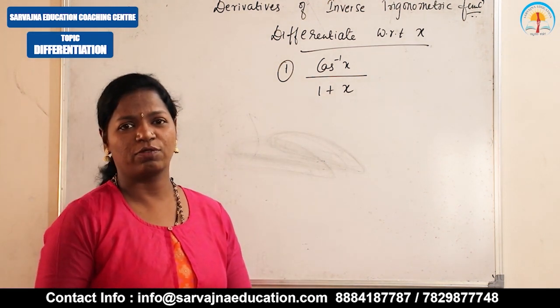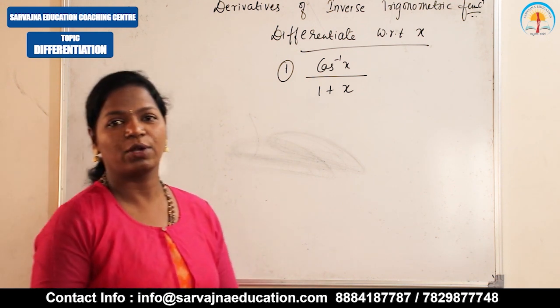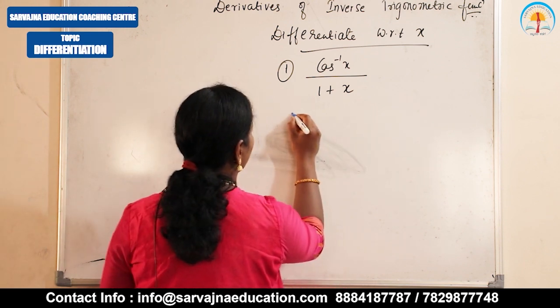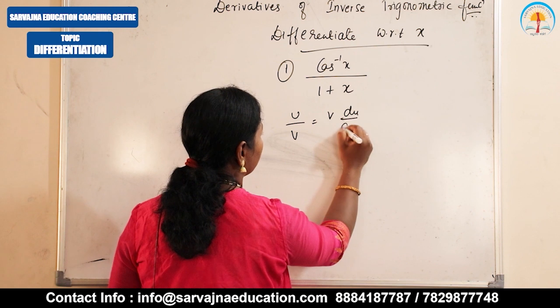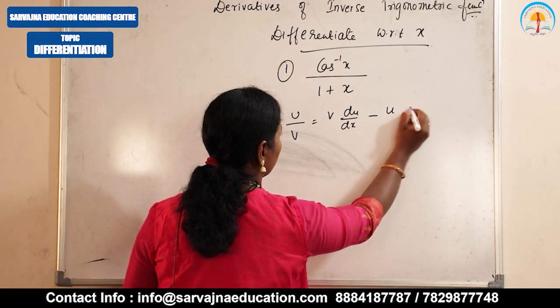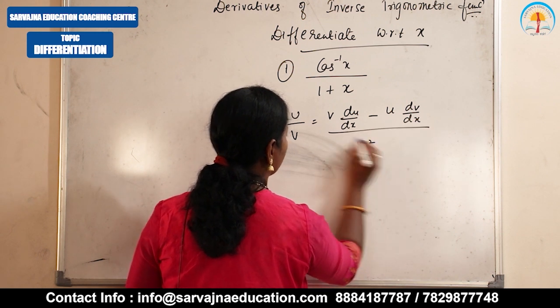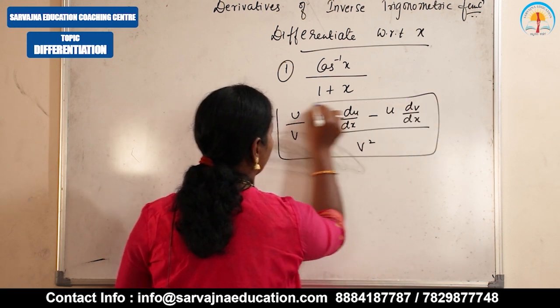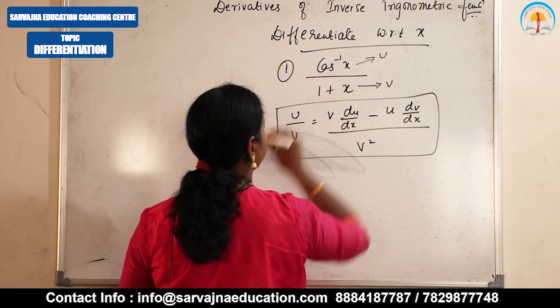So already we know the quotient form, we know the formula u by v. I'll just rewrite once again. u by v: v du by dx minus u dv by dx divided by v square. This is exactly the formula we have to follow. This is exactly u, this is v.